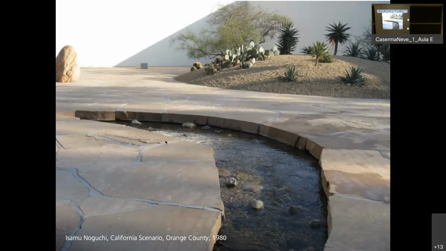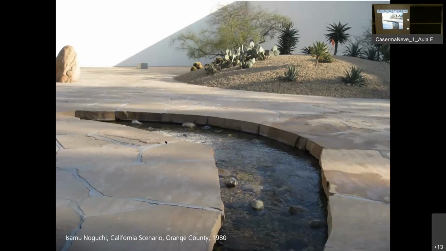he's also one of the great figures of landscape architecture that belong in the terrain between art, sculpture, and landscape, because he actually is a sculptor, and as a sculptor he created a lot of landscape projects, such as one of the most famous ones, this California scenario.